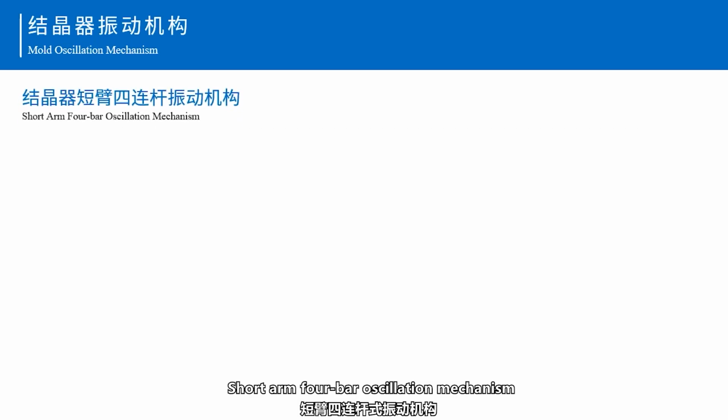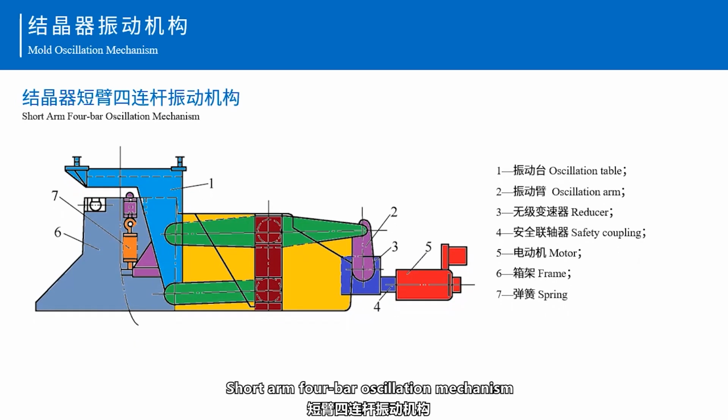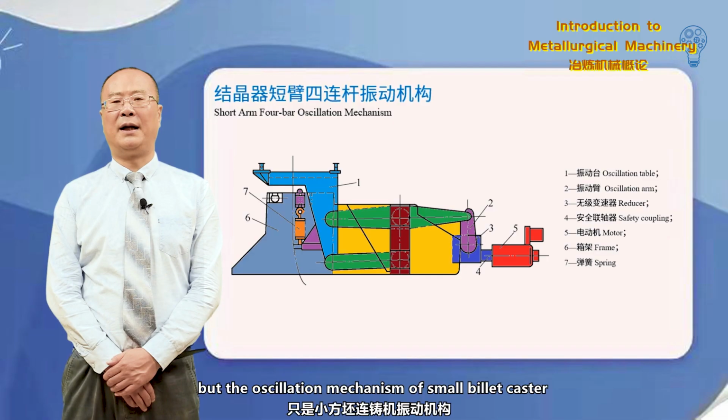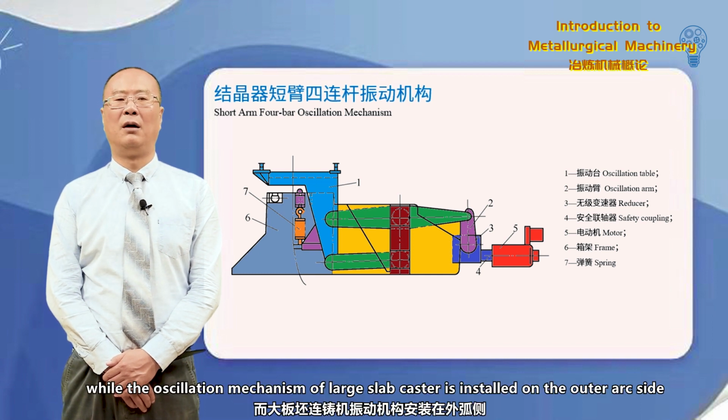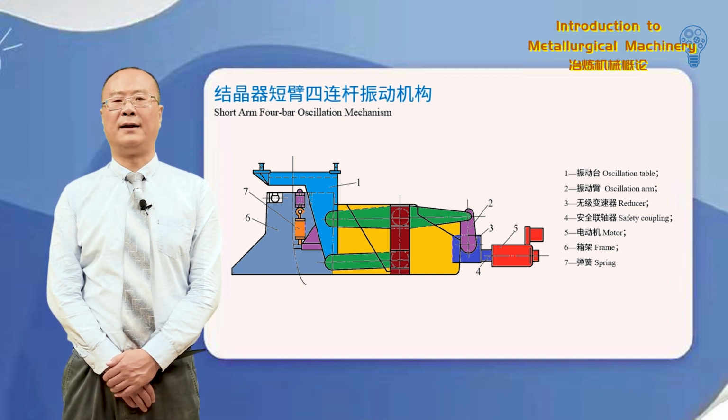First is the short-arm 4-bar isolation mechanism. The short-arm 4-bar isolation mechanism is widely used in small billet and large slab casters. But the isolation mechanism of a small billet caster is mostly installed on the inner arc side, while the isolation mechanism of a large slab caster is installed on the outer arc side.